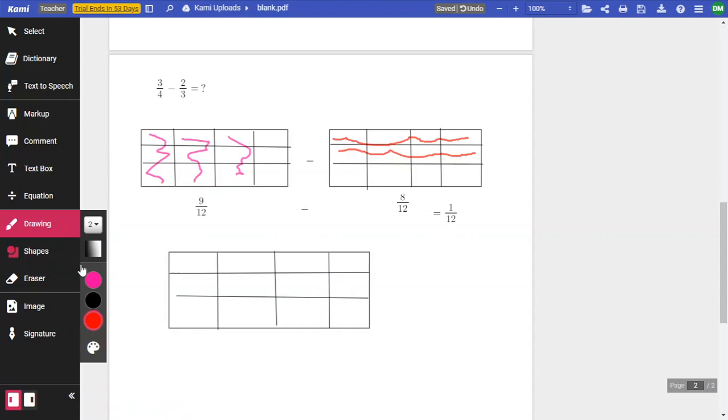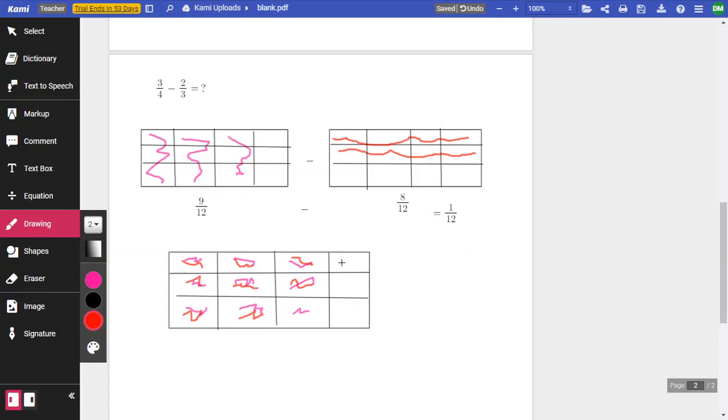And what we have is, whoops, wrong color. Our purple, so 9, 1, 2, 3, 4, 5, 6, 7, 8, 9. So 9/12, and what we're going to do is subtract 8 of them. So 1, 2, 3, 4, 5, 6, 7, 8.